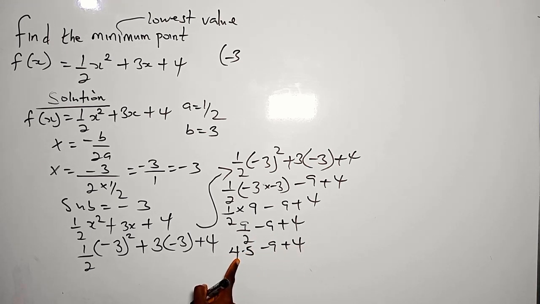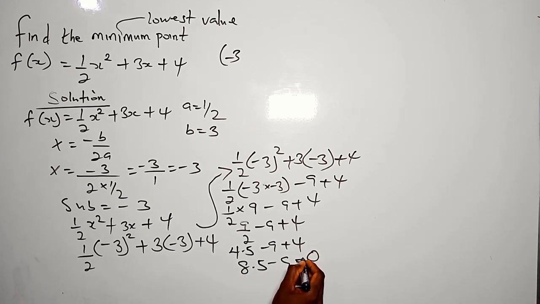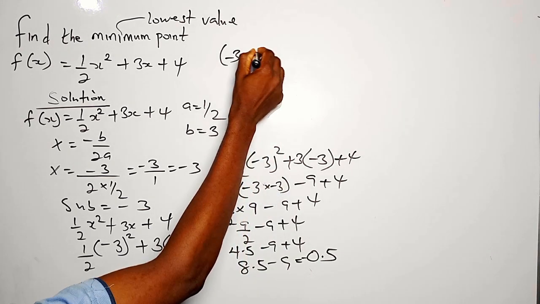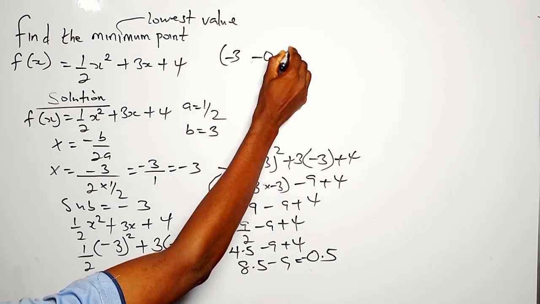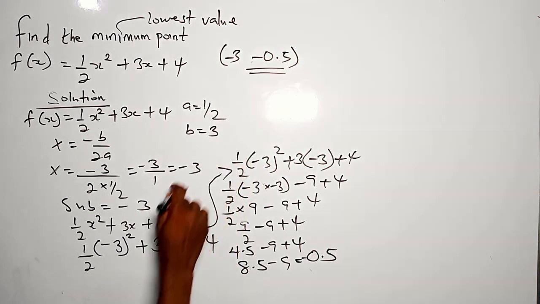So we have 4.5 plus 4, that gives 8.5, minus 9. At this point we have 8.5 minus 9. This gives minus 0.5, which represents y. So we have minus 0.5. Thank you very much.